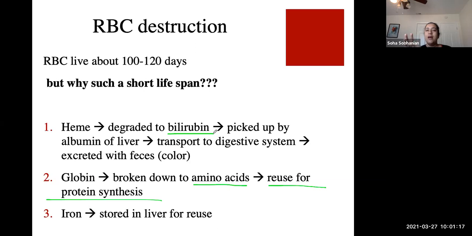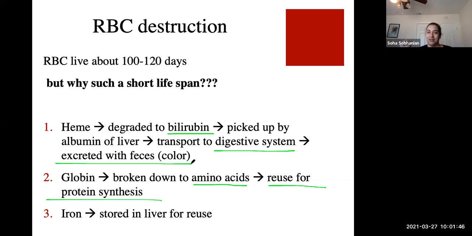Your liver is going to pick up the bilirubin, so bilirubin eventually ends up in your liver, goes through your digestive system, and is eventually excreted as part of your poop. So part of the color of your fecal matter comes from your body breaking down the heme component and removing it in fecal matter.